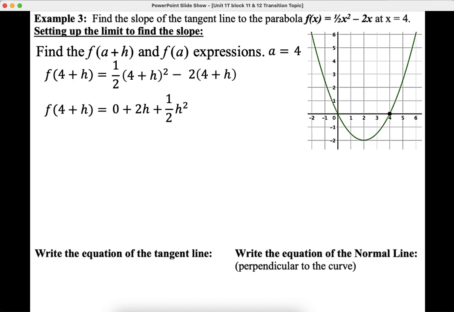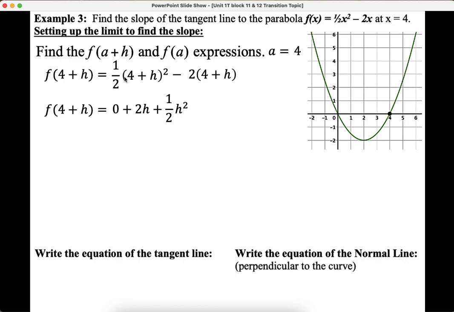Oh, I guess I didn't go through the simplification. Wow, I didn't go through the steps here. But expanding 4 plus h out is going to be 16 plus 8h plus h squared. So we're going to have 16 plus 8h plus h squared, and then minus 8 minus 2h. So 16 minus 8, and then we're going to take half of this.